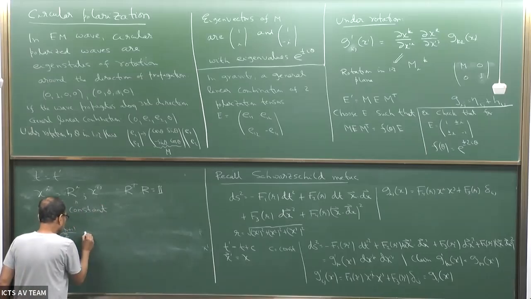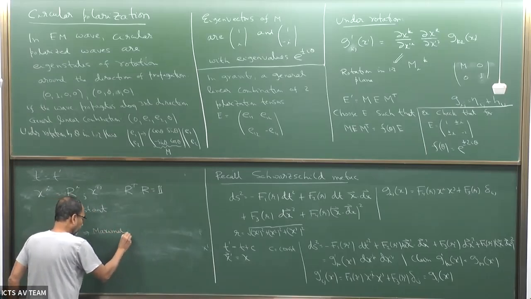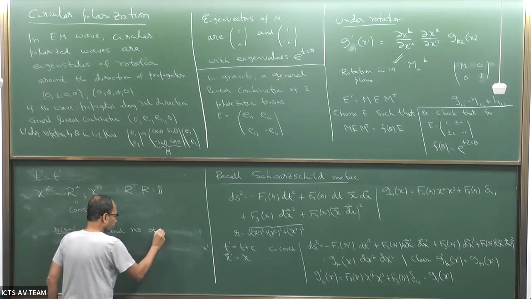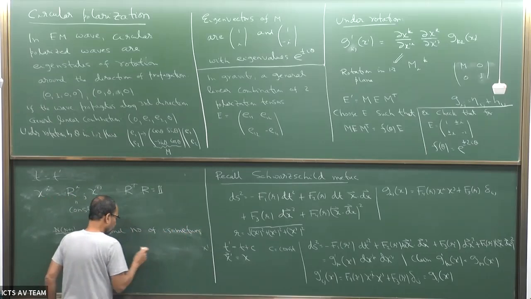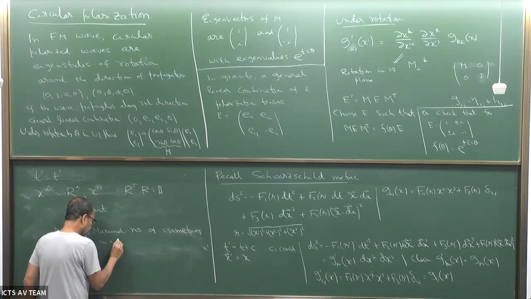This is the maximal number of isometries you can have. This is not obvious to prove, in a d-dimensional space.